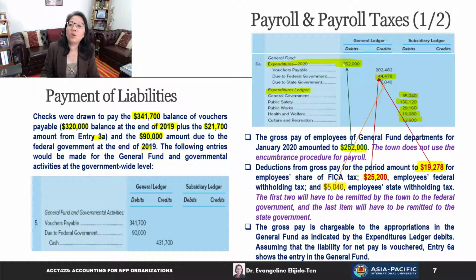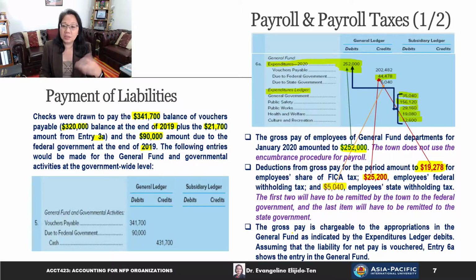Now, the difference between the gross pay of the employees, this 252,000, minus all this due to federal government and due to state government, will be your vouchers payable, the 202,482. Okay? That is the amount that we owe to our employees.